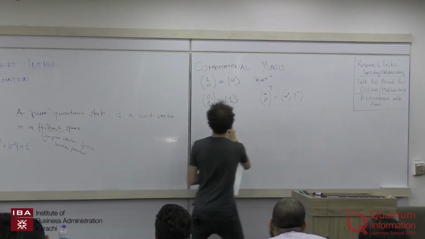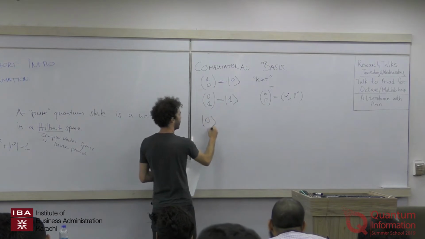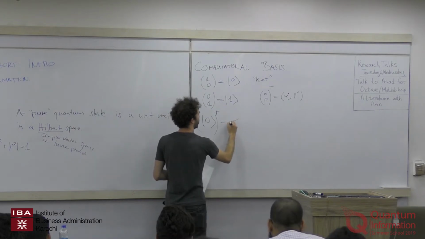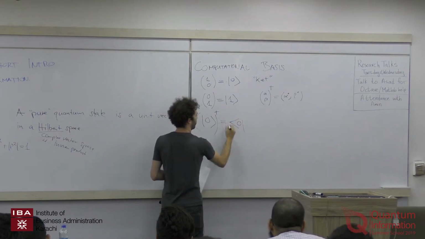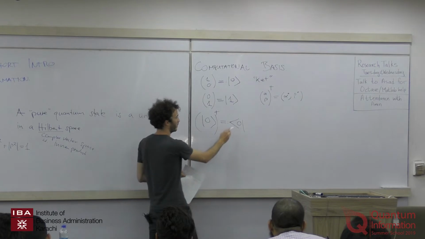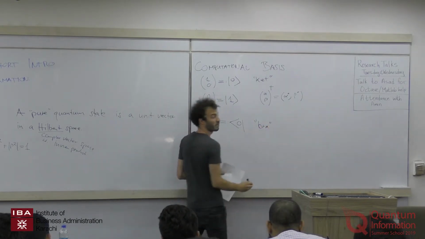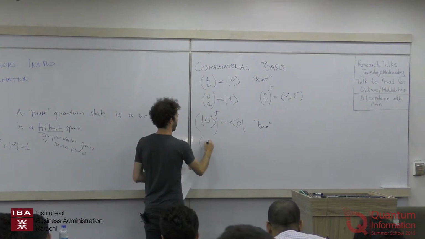So for the 0 state, the complex conjugate transpose, I will write like that. This is called a bra. And the same for 1.